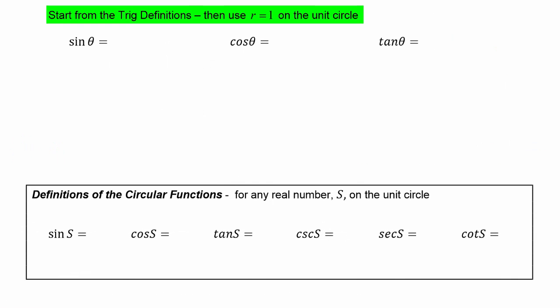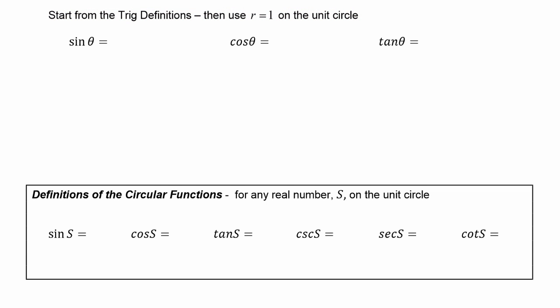Now, we'll start from the trig definitions, and then substitute in the fact that r is equal to 1 on the unit circle. We know that sine of theta is equal to y over r, but on the unit circle r is equal to 1 and S is equal to theta.